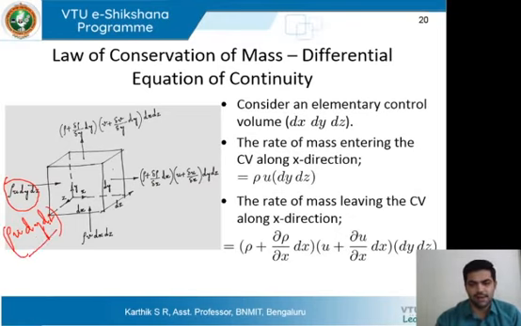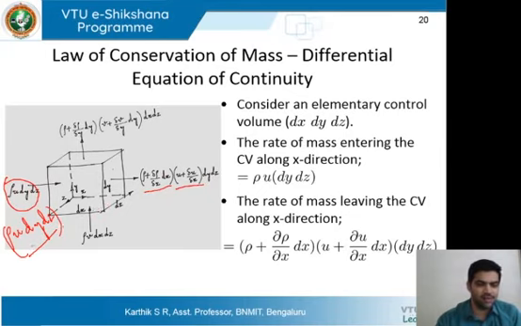Okay, so the rate of mass that is leaving the control volume is given by a Taylor series expansion. Here we are not considering density as constant, so density will also change and velocity will also change. This is from Taylor series expansion, neglecting higher order terms.